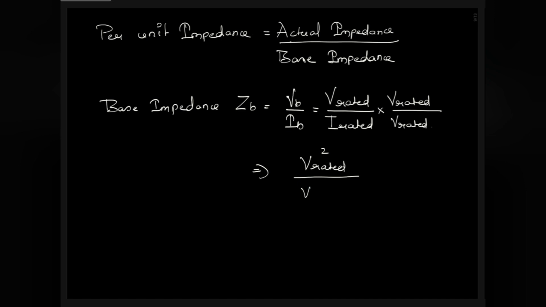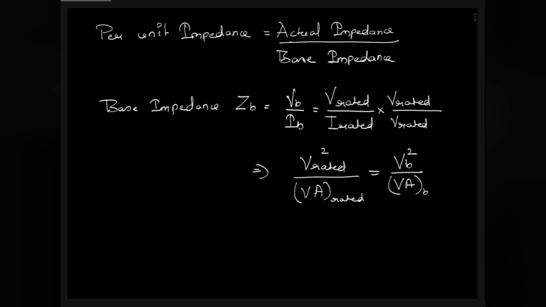divided by V into I, or we write VA, volt ampere rated, or we can write this as VB square divided by VA base.